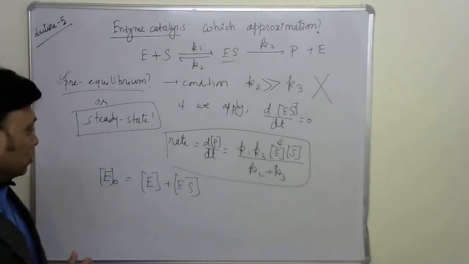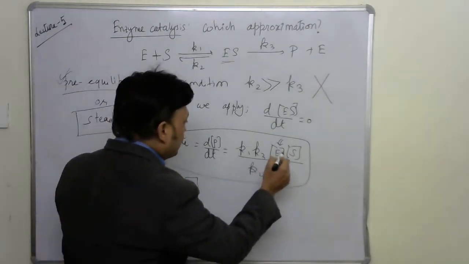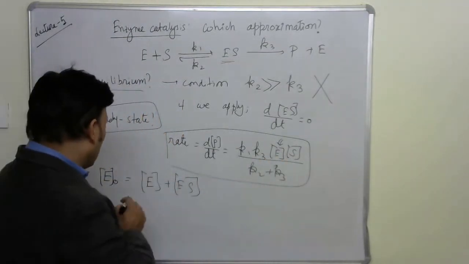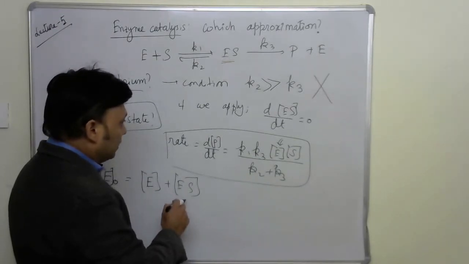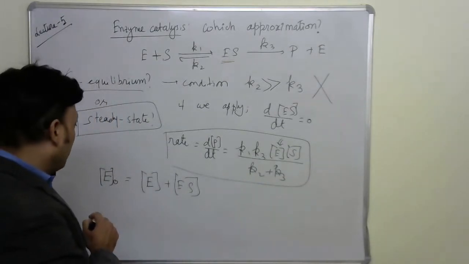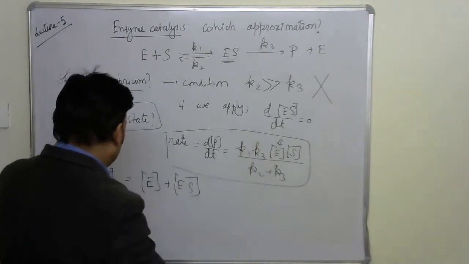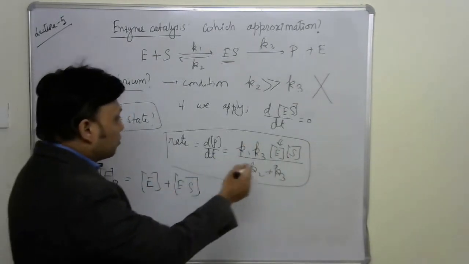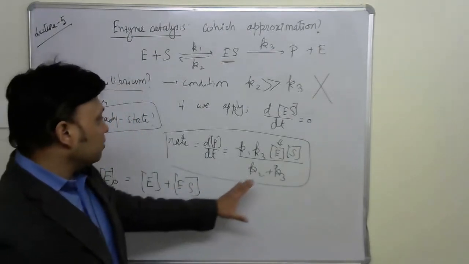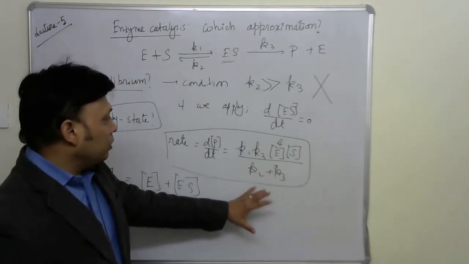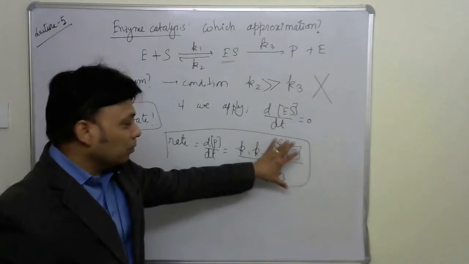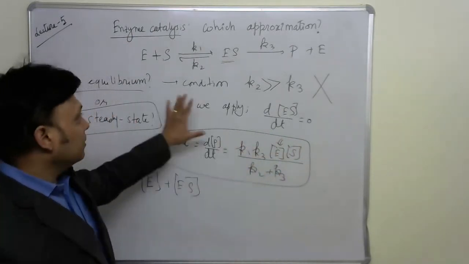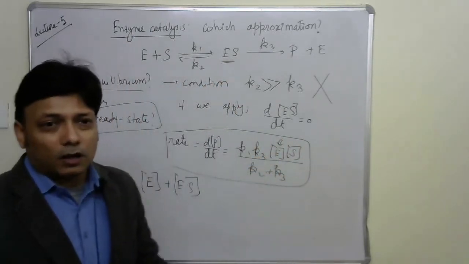So what we need to do is replace this E in terms of E naught and ES. But we cannot directly replace it here by saying that E is equal to E naught minus ES. Again, that ES term comes up, which we don't want to put here, because the concentration of ES would be unknown.